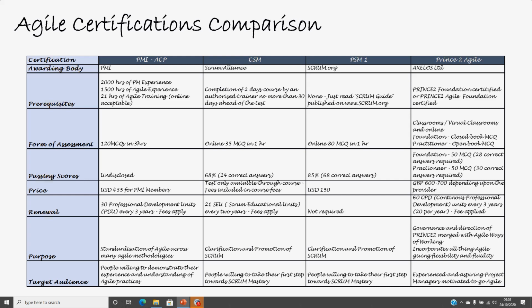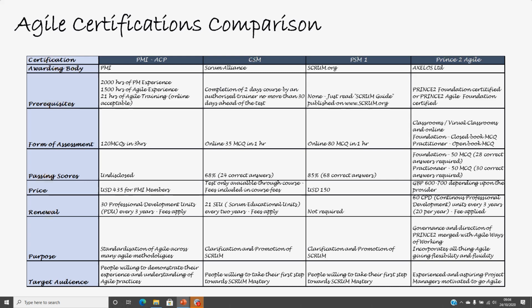the Agile methodologies. So in my view, if you ask my opinion, I would go for PSM1 to start with, because you don't even have to take any training. If you're self-motivated, you can just go on their website, read the Scrum Guide, take the exam, pass it, and off you go. And then to go for an advanced certification, you can go for Prince2 Agile.